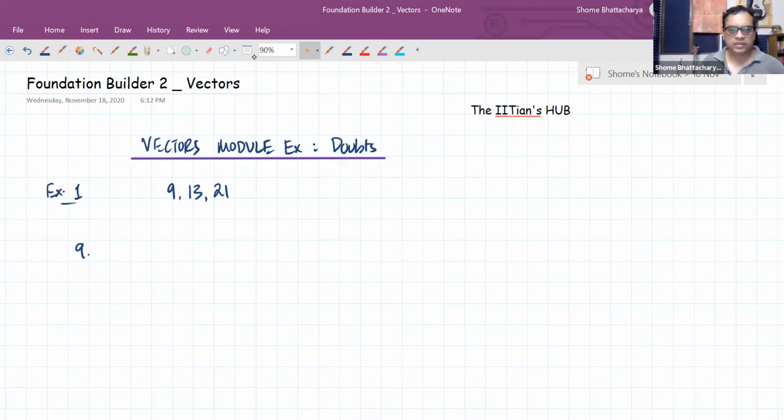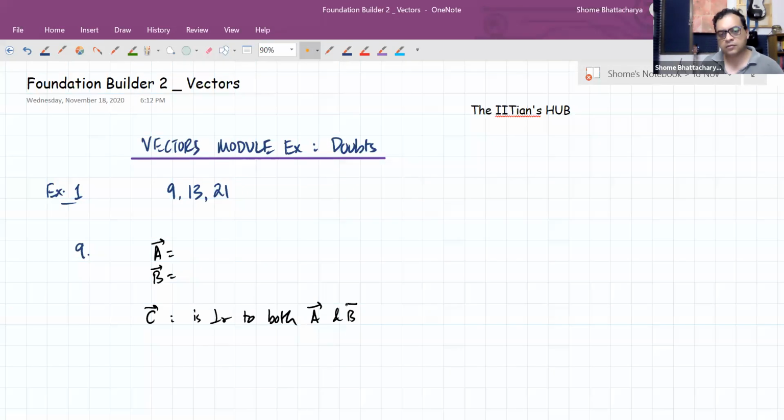Okay, so question 9 has given you two vectors, A and B. These two are given to us. Now it is asking for a vector C perpendicular to both A and B, and the magnitude of C is 3 units.